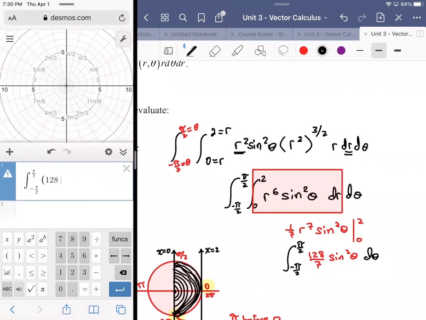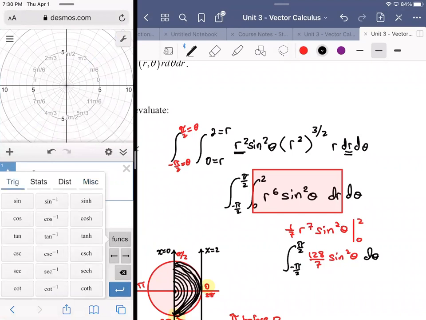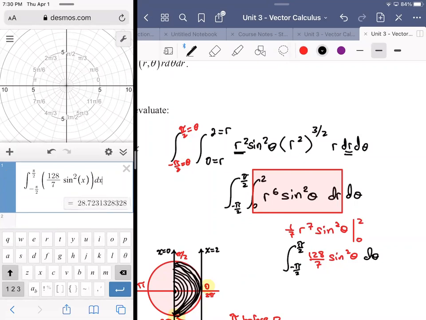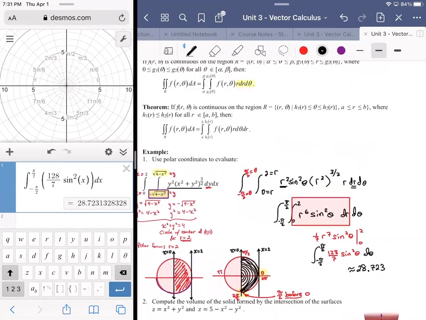So 128 over 7 times sine squared. I'll use x, close it up, dx, rather than the d theta. And we get something, I mean, it's as ugly as every other answer we tend to get these days. So 28.723 approximately as the measure of volume, right?